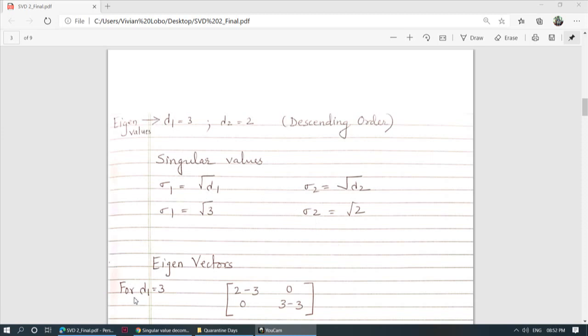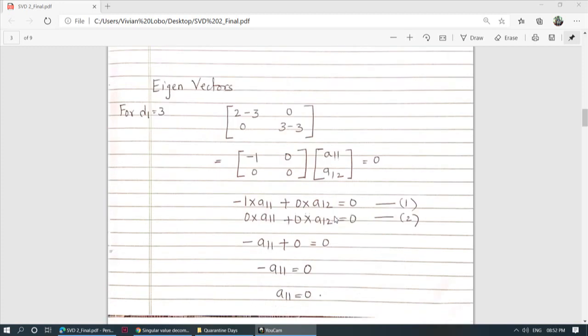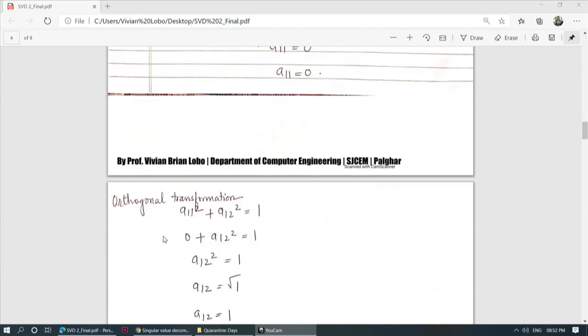Now for these two eigenvalues, we have to find the eigenvectors. Instead of lambda, we substitute the value of lambda 1, which is 3, and a11 and a12 are the new vector components that we have considered, and we get two equations. By orthogonal transformation, a11 square plus a12 square is equal to 1.